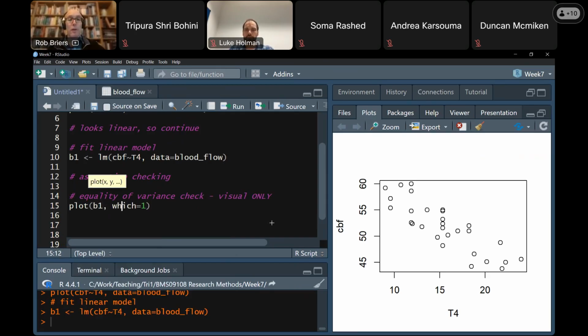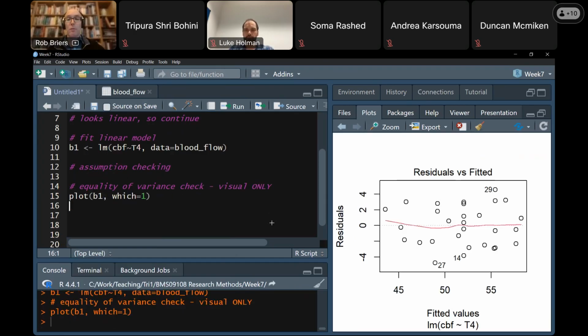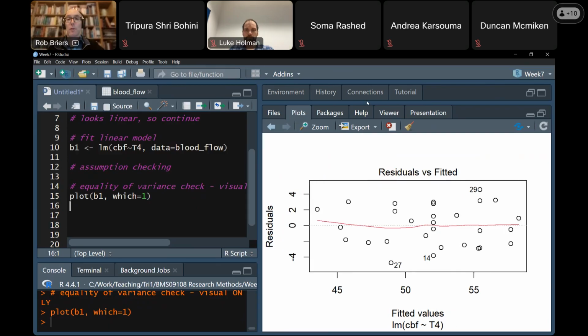So we plot that, the first plot, the same as we did previously. And we've got the same kind of plot as we've had before when we've done this through ANOVA, where what we're looking for is, is there any obvious change in the range of variation from left to right?